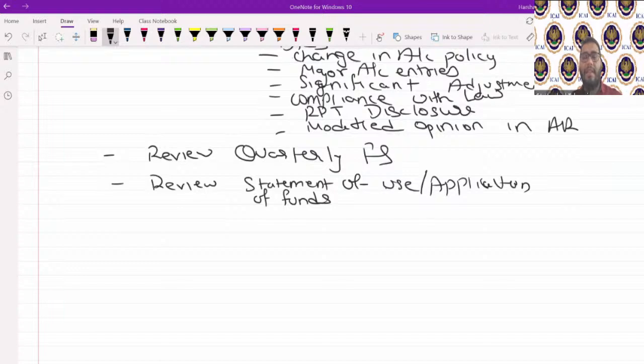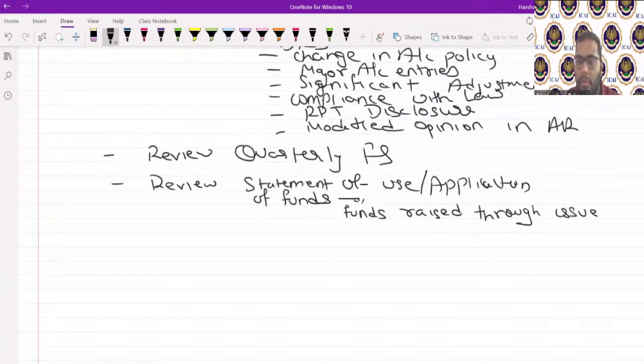When I say funds, these are the funds raised through issue of securities, let's say public issue, rights issue, preferential issue. The audit committee is required to review the statement of use and application of those funds. And the company mentions in the prospectus for which purpose they are raising the funds.